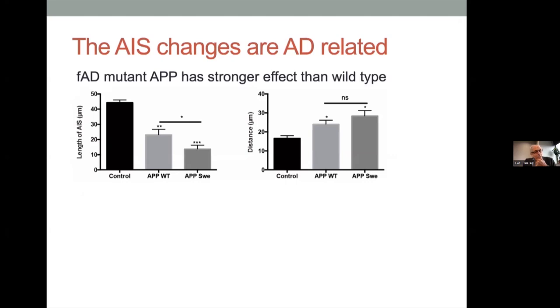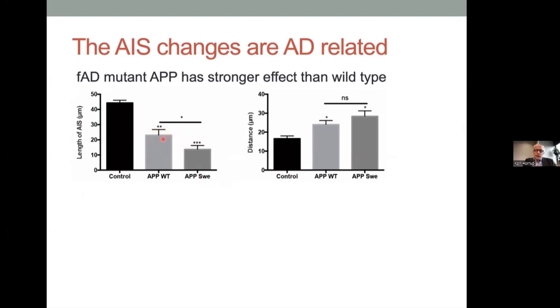Now, nothing I've said about that so far would relate to Alzheimer's disease directly, but I want to throw out this little bit of candy, which is that you don't need glutamate as a way of increasing APP. You can just transfect APP, and that alone is enough to move the AIS and decrease neuronal activity. I'll show you the activity in a minute.